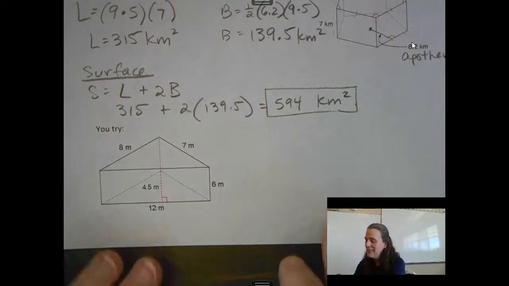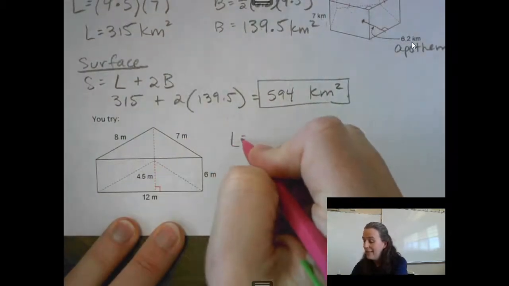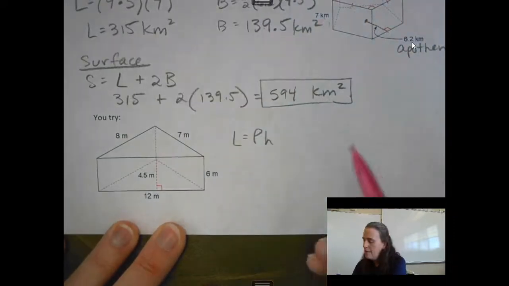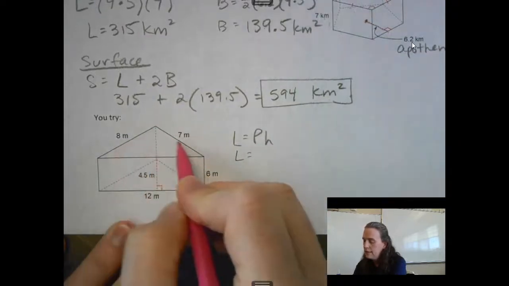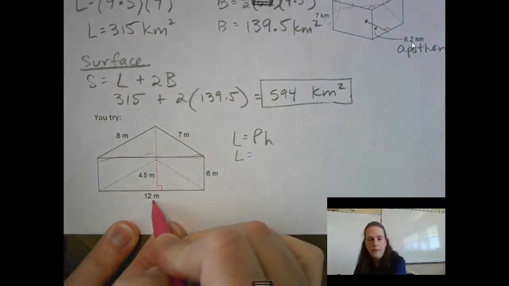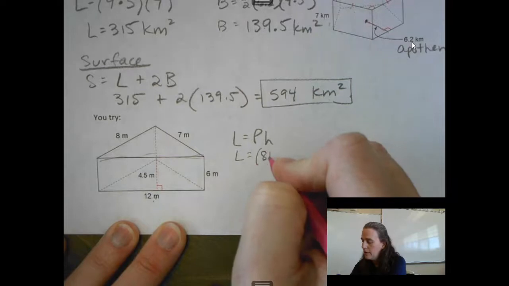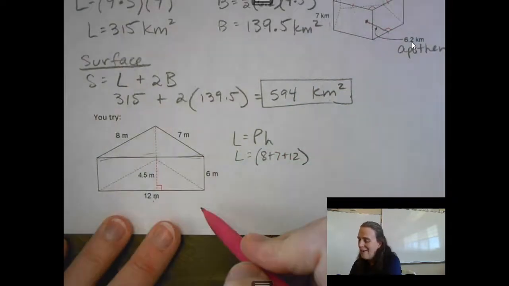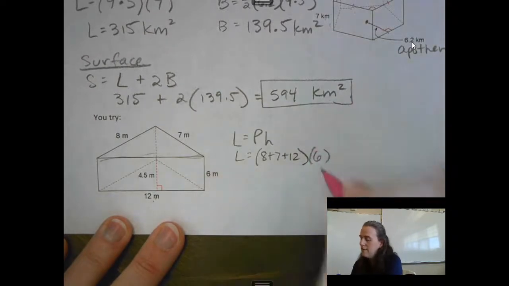All right, hopefully you were successful. I'm going to start with the lateral area, so perimeter times height. And the perimeter of my triangle here is 8 plus 7 plus, do we know how long this long side is? They told us down here, but it'll be the same. So 8 plus 7 plus 12 is the perimeter. And then how high is it? 6.